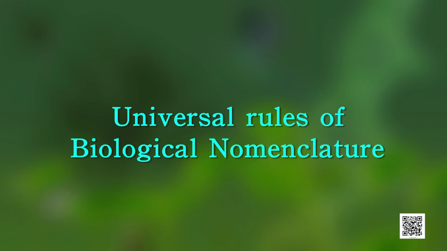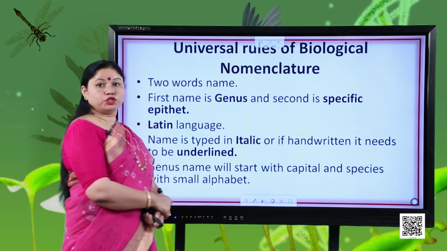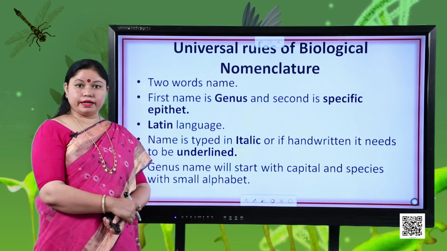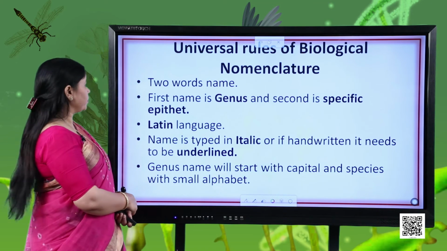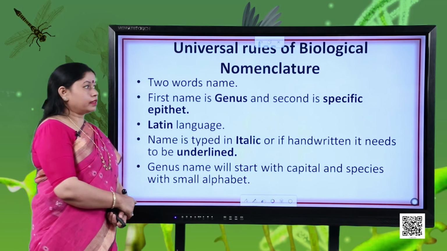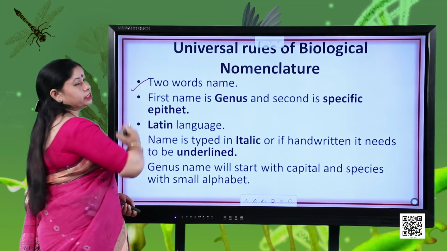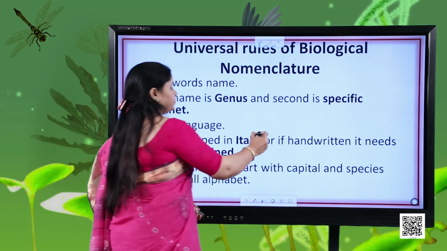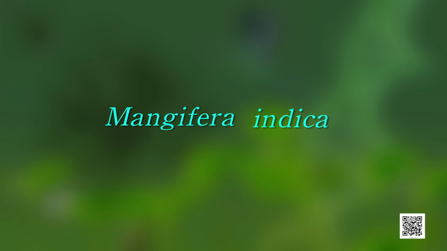Let us discuss universal rules of biological nomenclature. What rules should be followed while assigning or writing any biological name? First, every biological name must be a two-word name. Let us take an example, Mangifera indica.